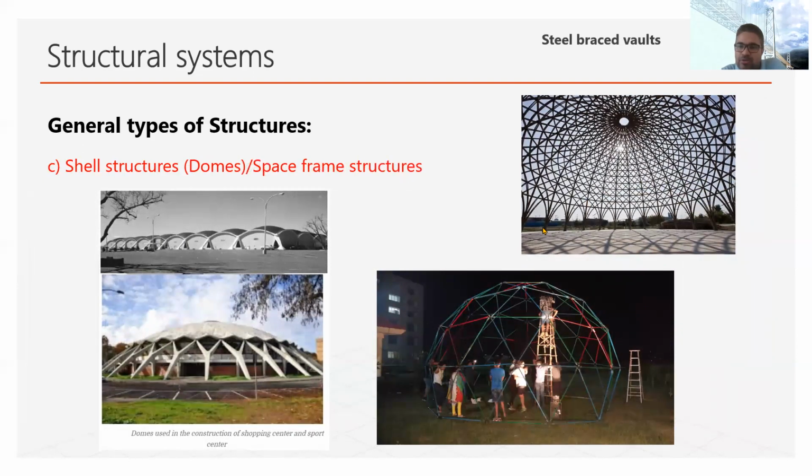Talking about domes, they are structures that cover a more or less square or circular area. These domes are basically hemispherical in shape and used as a roof structure. The photo that you see is of a geodesic dome that I, along with some students, constructed in Gateway College.